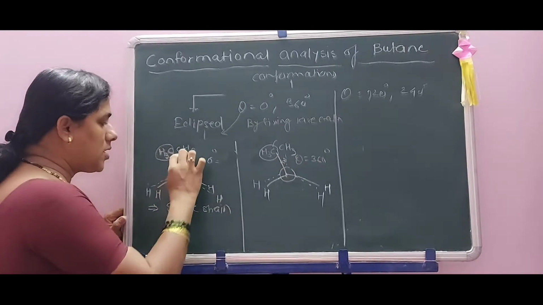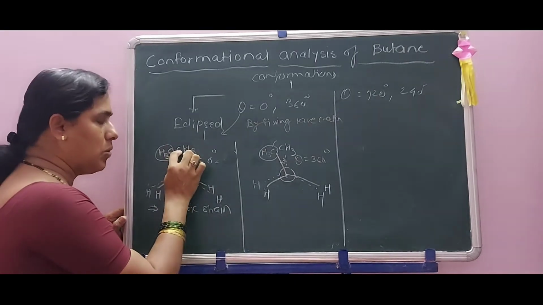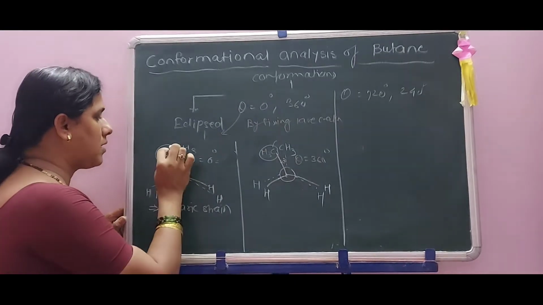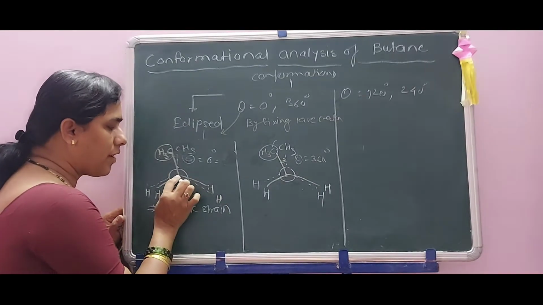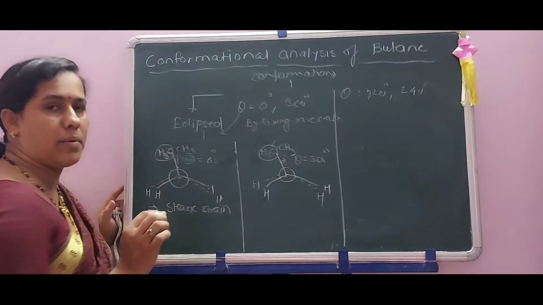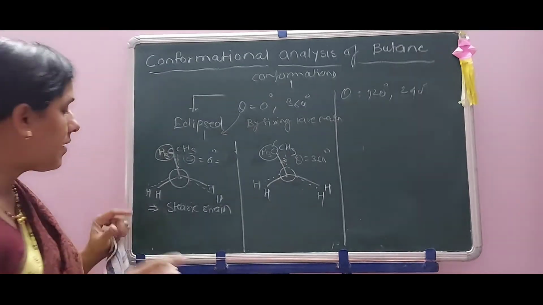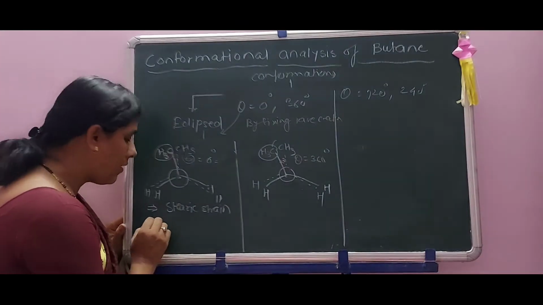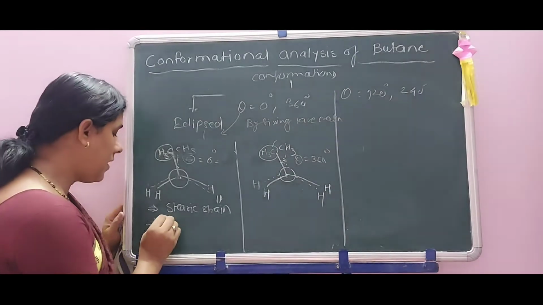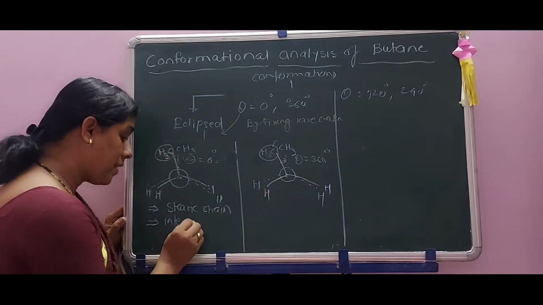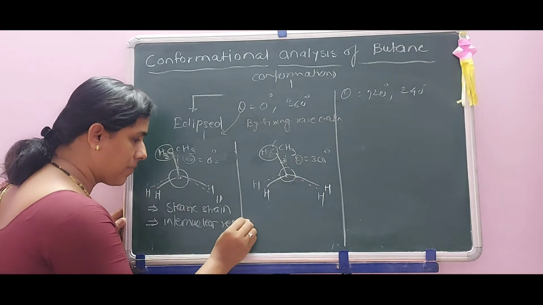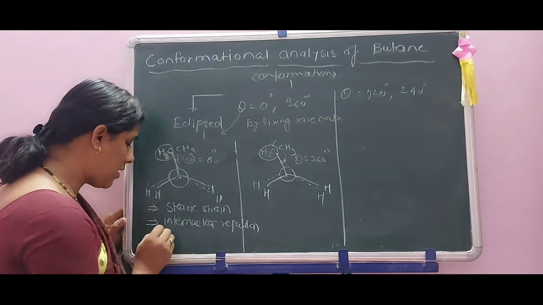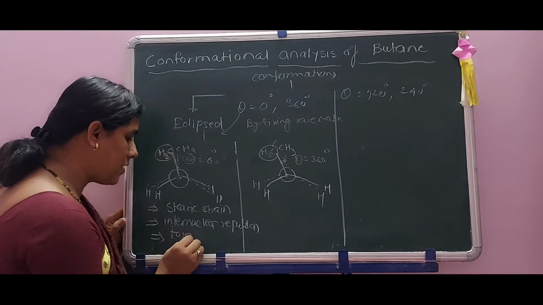Also the CH bond of the front carbon atom and the CH bond of the rear carbon atom are situated at a nearer distance. Thereby there is internuclear repulsion, causing the strain known as torsional strain.